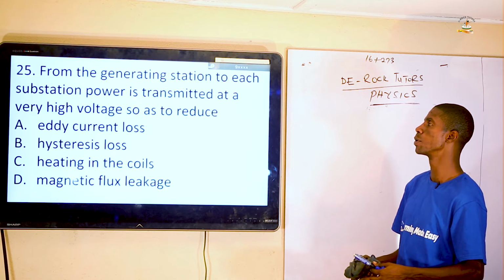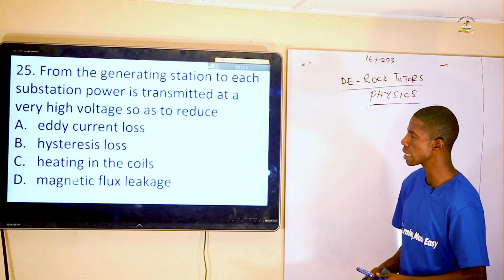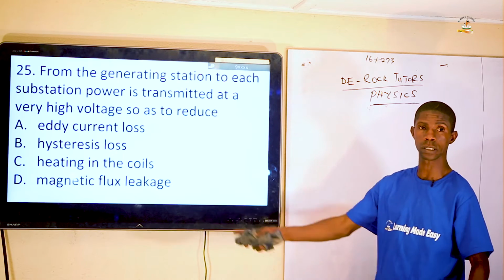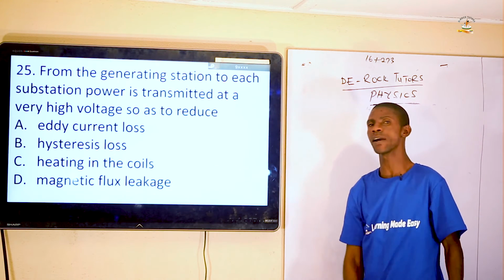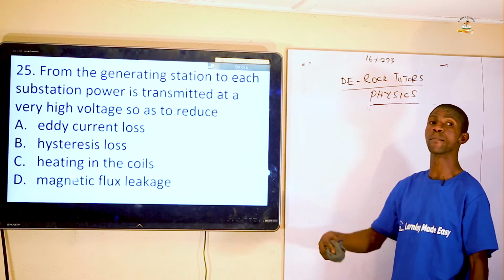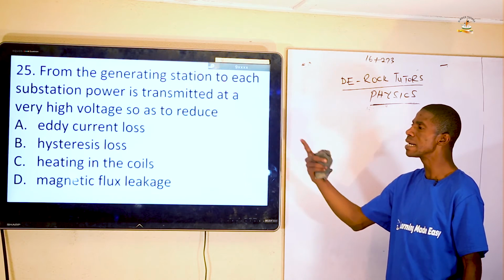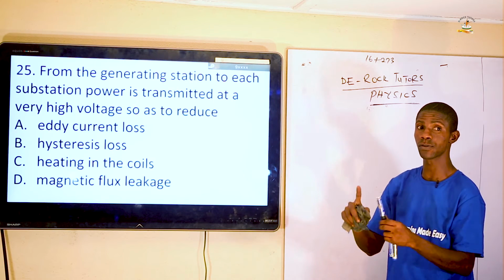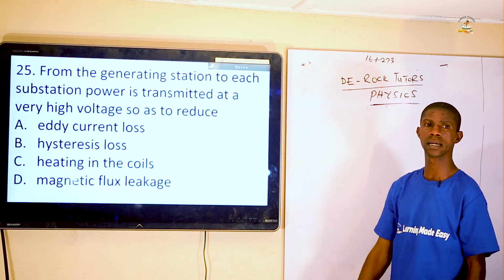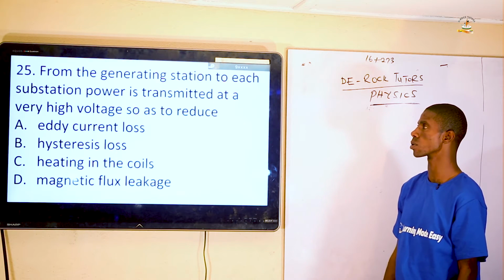So eddy current has to be reduced. So that answer comes as option A. That effect of eddy current can also be overcome by laminating the core using a softer wire. So the answer there is option A, eddy current loss.